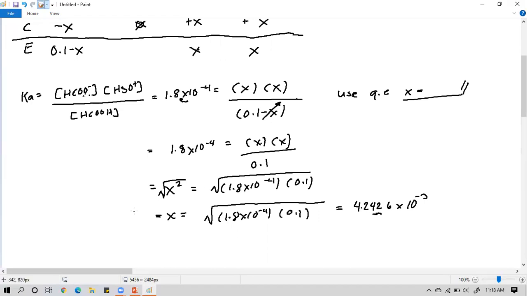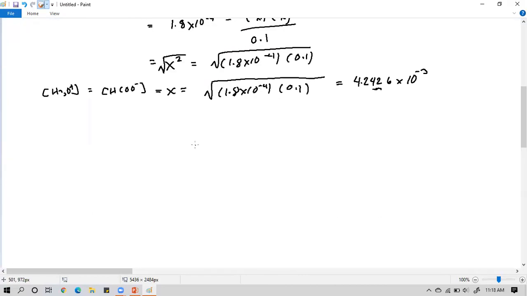We all know that the value of X is equals to the concentration of the formate ion and the concentration of hydronium ion based from this. So therefore, meron tayong value ng concentration ng ating hydronium ion dito: 4.2426 times 10 raised to negative 3 molar.